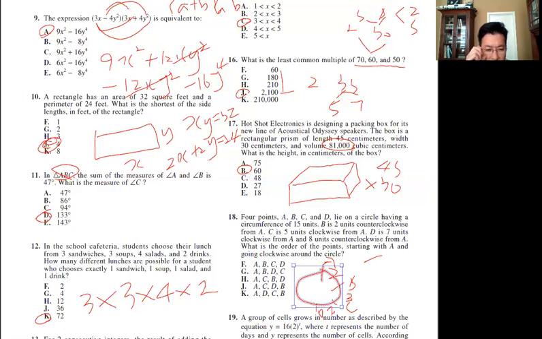And then 8 units clockwise from A. 8 units clockwise from counterclockwise. E is 7 units clockwise from A. And then 8 units counterclockwise from A. Okay, so this is 8 now.